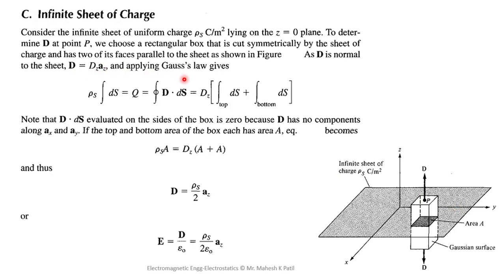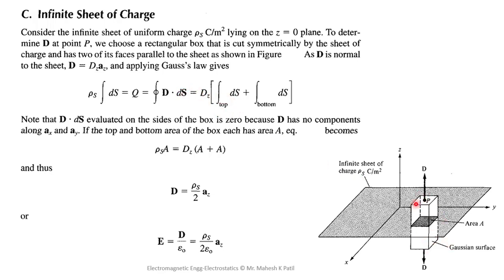By applying Gauss law, we can write total charge Q equal to the integral of rho s dS, equal to the closed loop integral of D bar dot dS bar. Now D we assumed in the z direction, therefore Dz in bracket integration of dS.